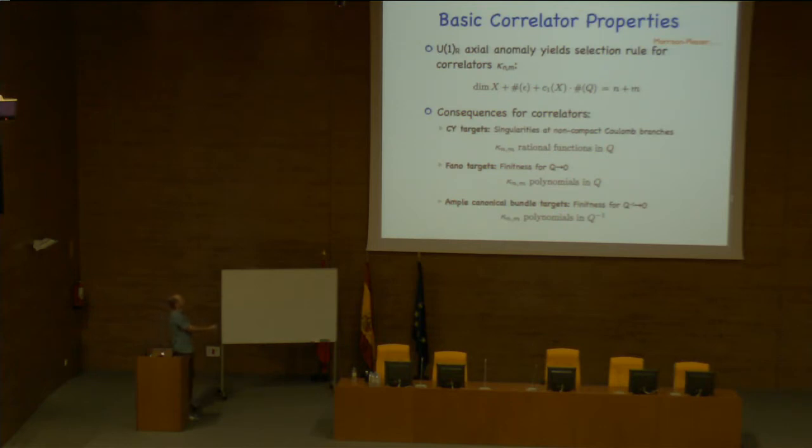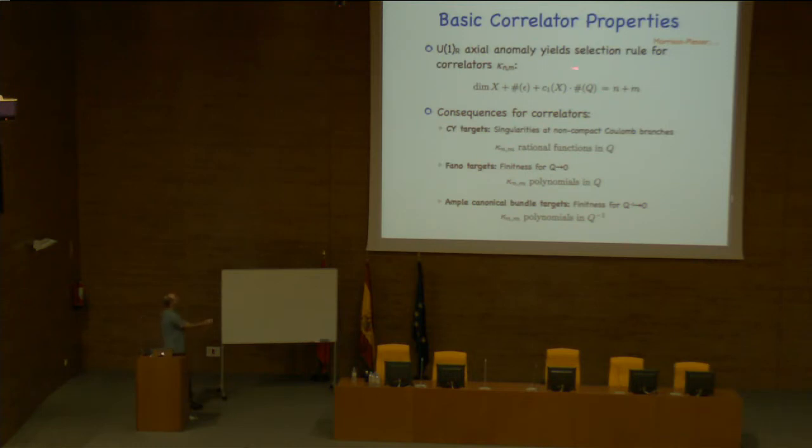It essentially tells us that these correlators only get contributions from monomials which fulfill this equation: the dimension of the target space plus the power of this variable epsilon, which was related to the proportionality constant with respect to the Killing vector field, times the first Chern class of that target space times the power of the q variable, has to equal the number of insertions to give us something non-vanishing.